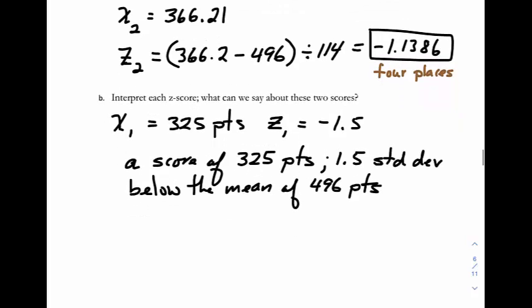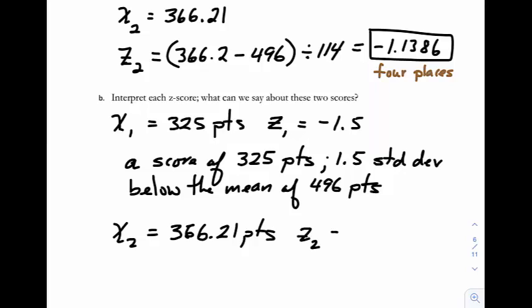The next value for x2 is someone scored 366.21 points. So therefore here we know that z for that number is negative 1.1386. So this is a little more than 1 standard deviation below the mean.